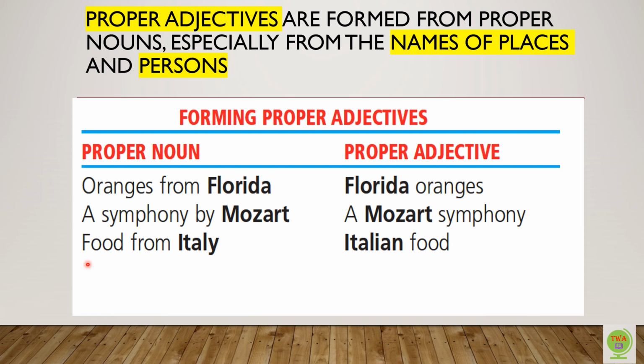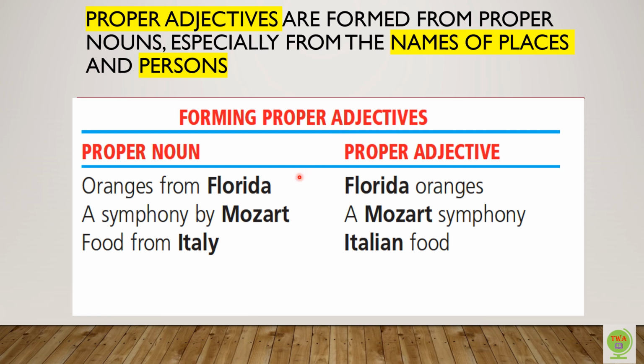And then the third one, we have food from Italy. Italy here is a proper noun. And once again, do not forget to write the capital letter. And then from the second part here, the words that are being used as proper nouns, Florida, Mozart, Italy, we will use them as proper adjectives.